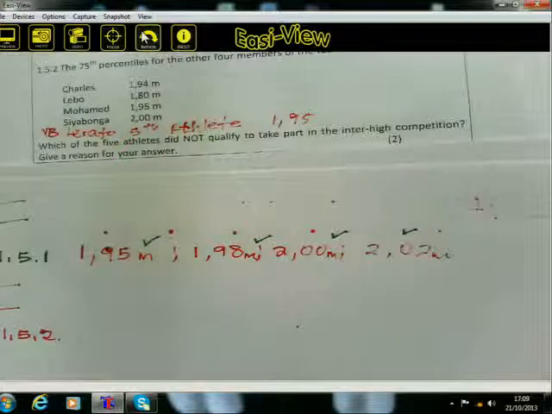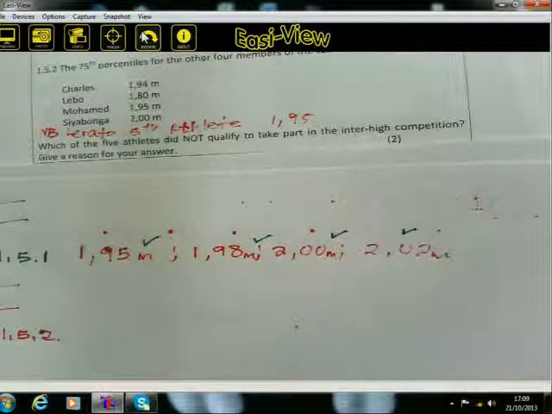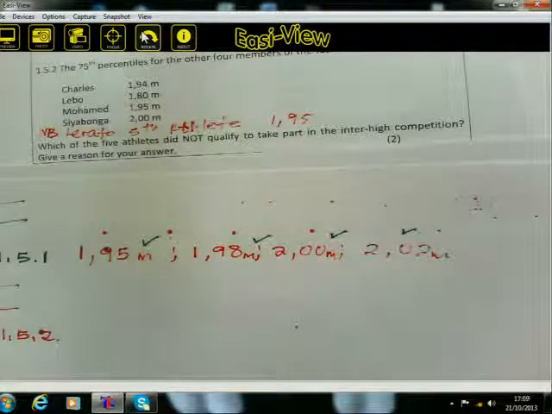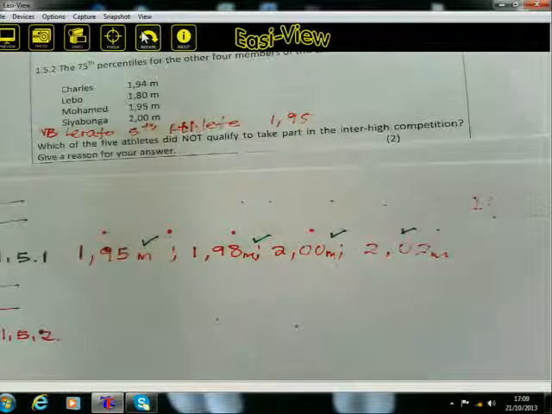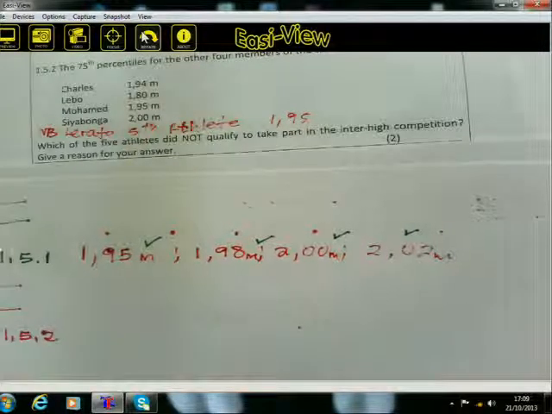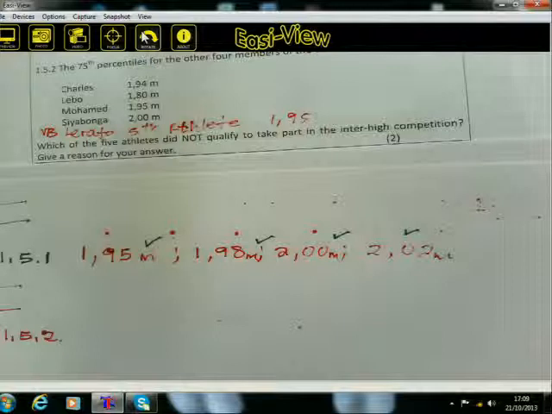So don't ask yourself who's the fifth athlete. Lerato was mentioned before, but here they never included him. So now you should check which athletes did not qualify for the inter-high competition.